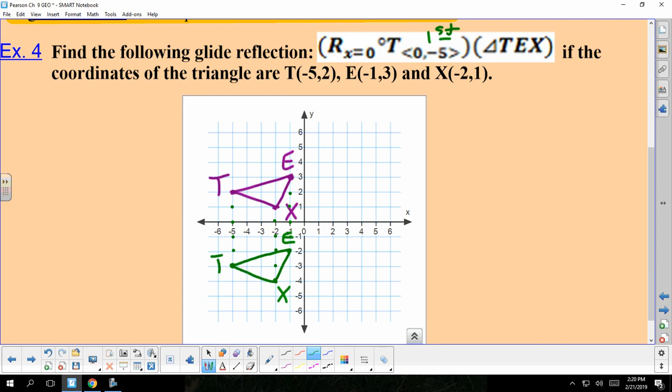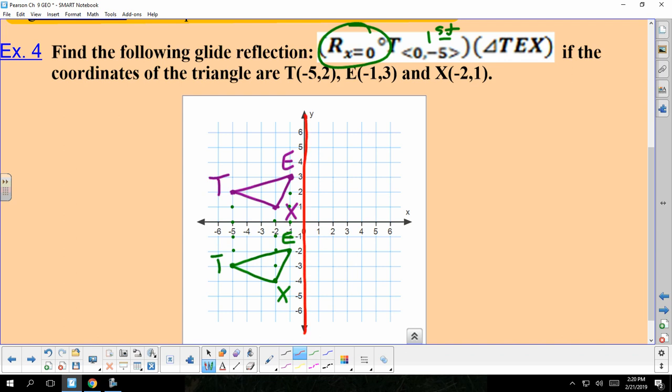But I'm not finished there. Since it is a composition, right, we're going to need to do the reflection as well. So we'll take care of the reflection next. So the reflection, x equals 0 is the equation of the line for the y-axis, right? We're going to reflect it over this vertical line.